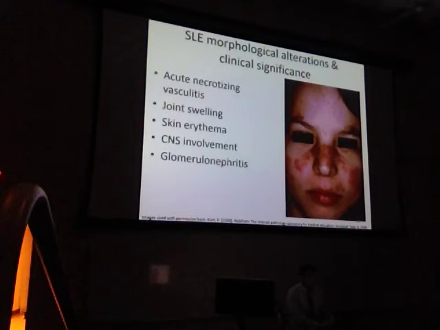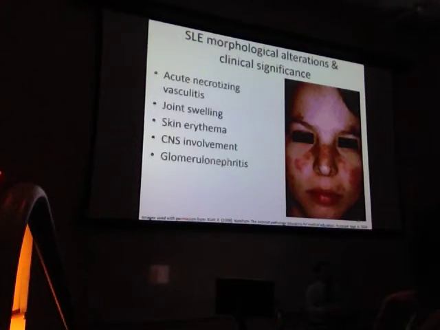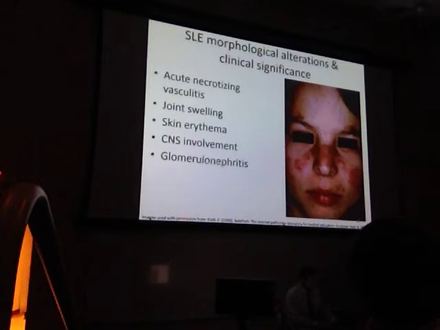We see glomerulonephritis in the kidneys because this is a type 3 hypersensitivity, we're developing antibodies that bind to antigens and they circulate throughout the body and they get lodged in certain places like skin, joints, blood vessels, the kidney. Also, there tends to be a central nervous system involvement. We don't really understand why, but we think that likely it's due to the vasculitis and the blood vessels that perfuse the brain.